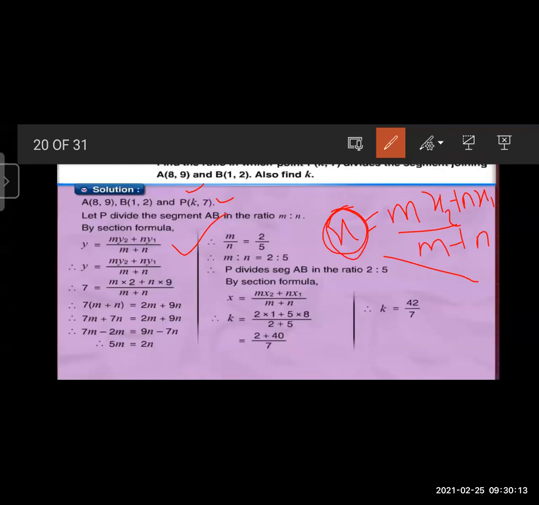So we use the other formula, the y coordinate, because the y value is 7. Y2 is 2, y1 is 9, and from this we can easily determine the ratio. So we write m is to n is equal to 2:5.